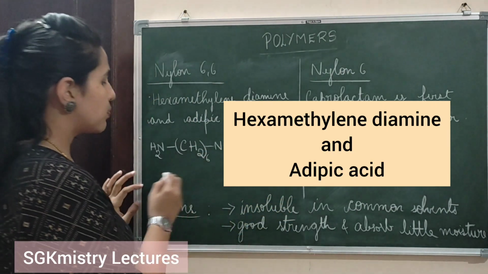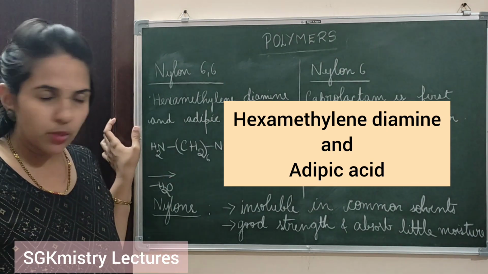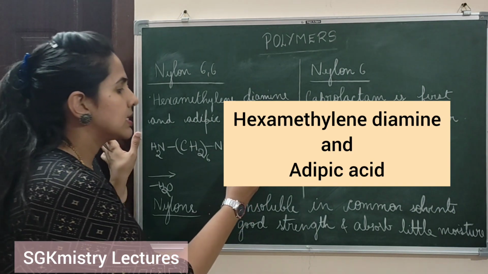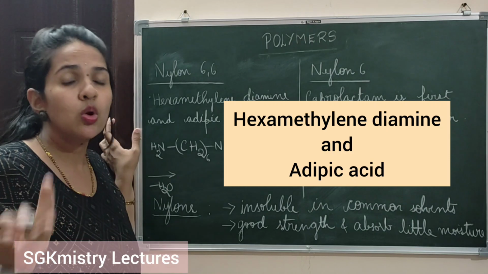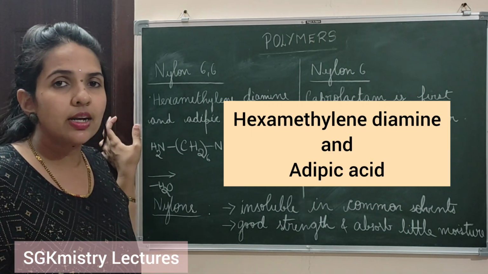Now both of these undergo a condensation reaction with the removal of a water molecule. You know that here there is one NH2 group, here there is a COOH group. As I've already explained, whenever there is an NH2 group and a COOH group, a condensation reaction can take place.